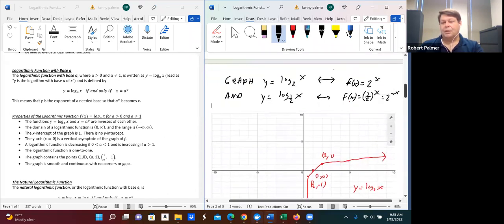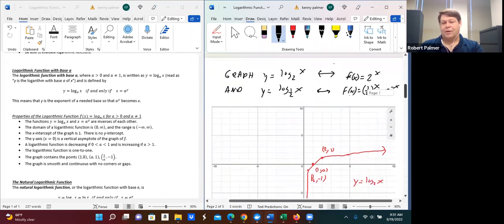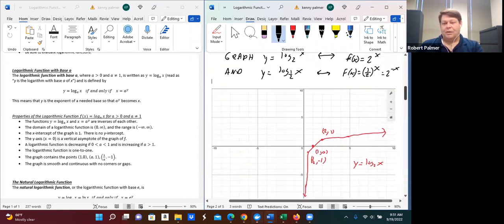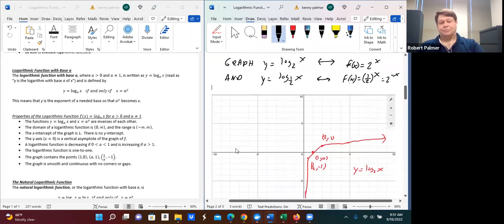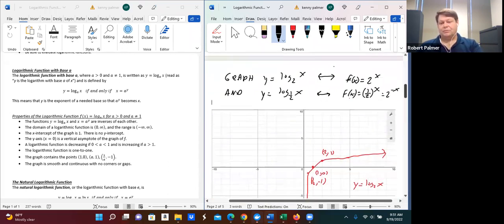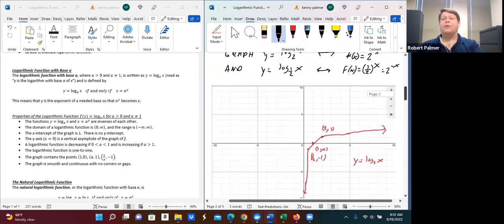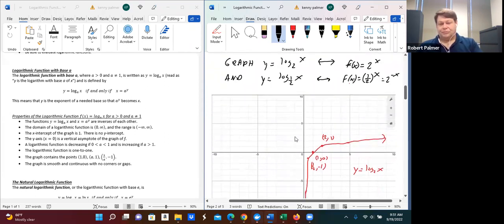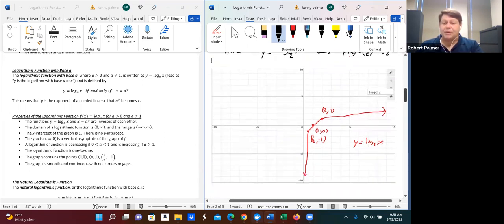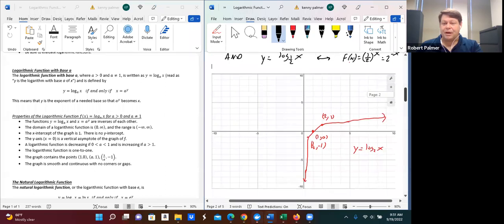So what's this going to be? Well, this is going to look like, let's see. This is going to be a reflection around the x-axis or the y-axis. I'm trying to decide right now if I should make this a slightly different kind of graph.